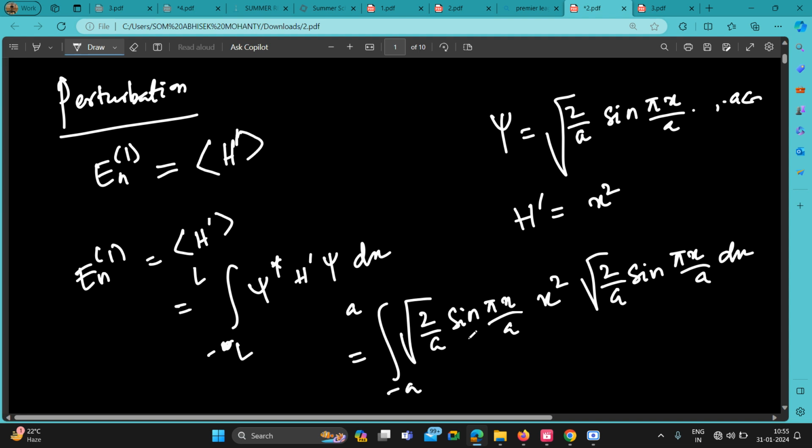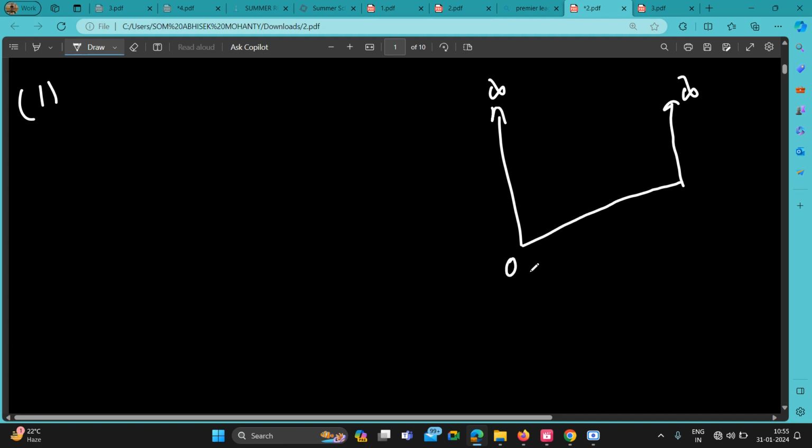So this will be the way to find the perturbation. We'll do some examples through which we will try to understand. Instead of going into the theory, we'll try to understand through examples. Suppose the diagram is given like this. This is 0, 0. This is V naught at 2L, and this is your 2L, 0.